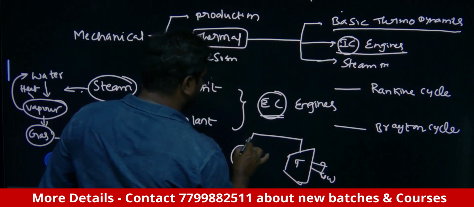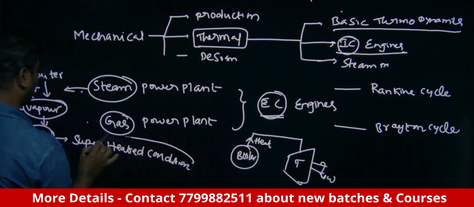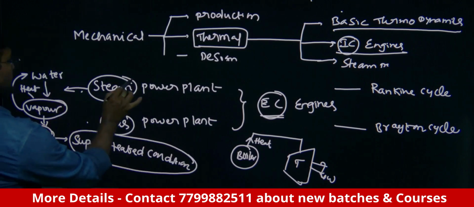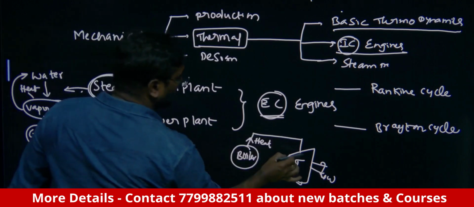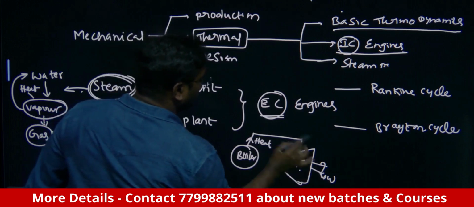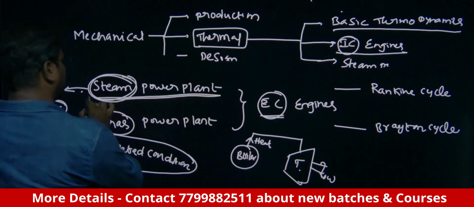The heat produced is in a superheated condition, that is steam. That steam enters the turbine and produces work. This is called a steam power plant.